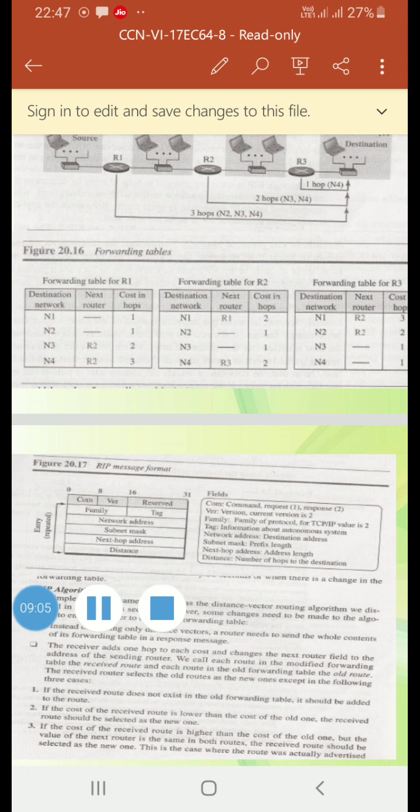The part of the message which is an entry can be repeated as needed in a message. Each entry carries the information related to one line in the forwarding table of the router that sends the message.